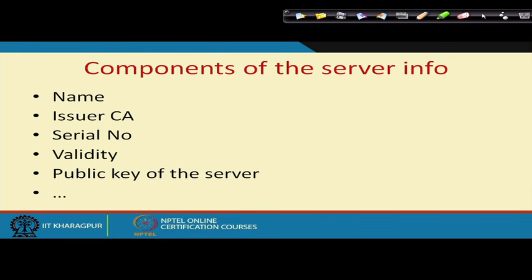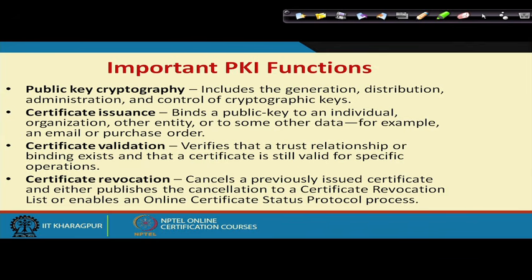Now, what are the important functions of this public key infrastructure and specifically the certifying authority? First of all, public key cryptography includes generation, distribution and administration and control of cryptographic keys, that is the public key private key pair.